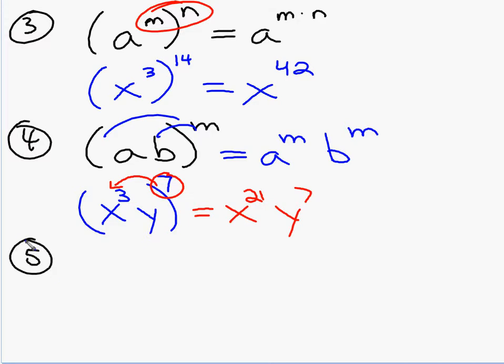The next one seems oh so easy, but it seems like so many people forget that anything to the 0 power is 1 automatically. Don't forget that. And the last one is probably one of the ones that some people just struggle with.